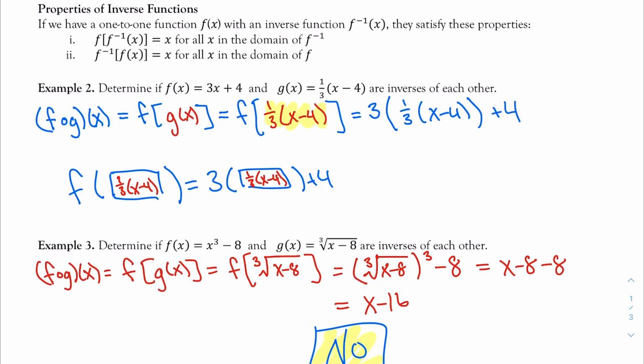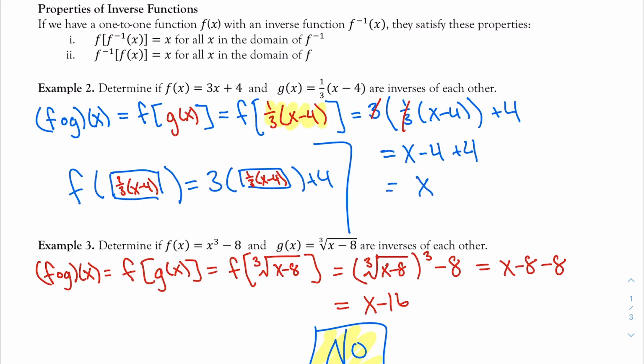So let's see what happens here. Well, I have 3 times 1/3. They cancel each other out, or you can say 3 divided by 3, I get 1. So I am left with x minus 4 plus 4. Well, minus 4 and plus 4, I get x.